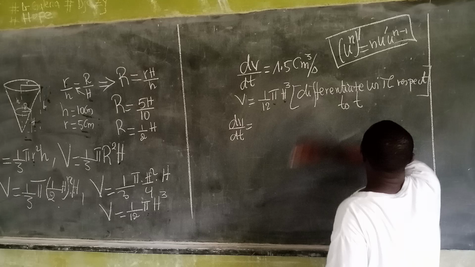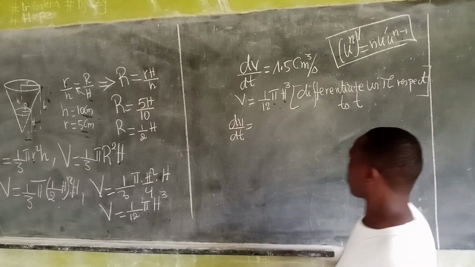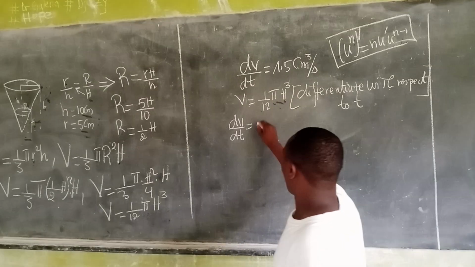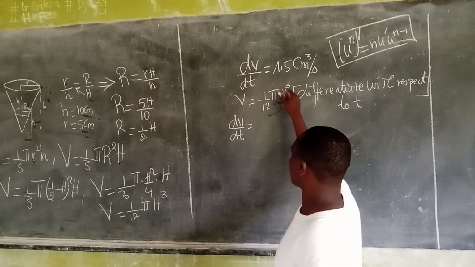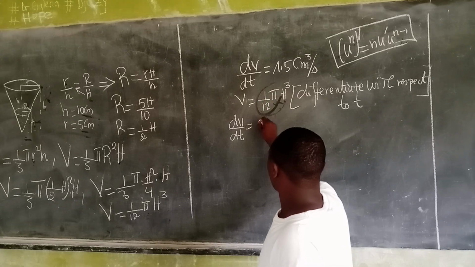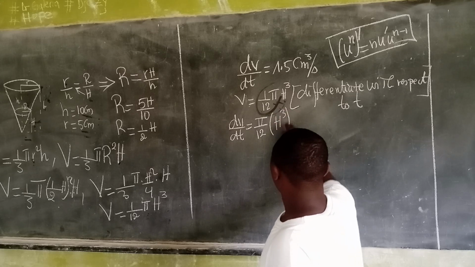This is a theorem, and it is going to be applied here. Differentiating with respect to t, we'll keep pi by 12 as a constant, and then differentiate h power 3.